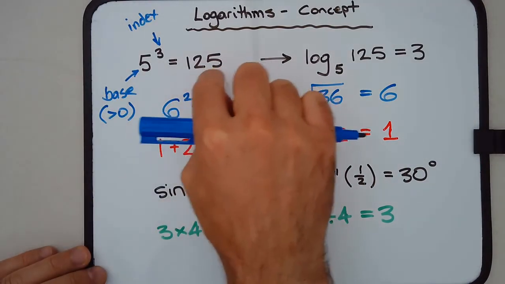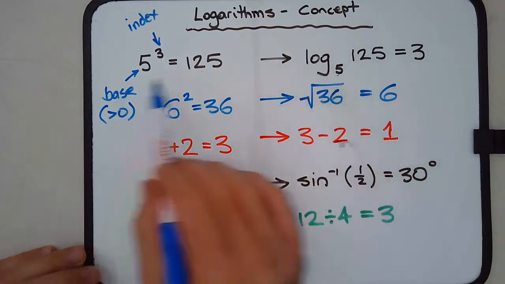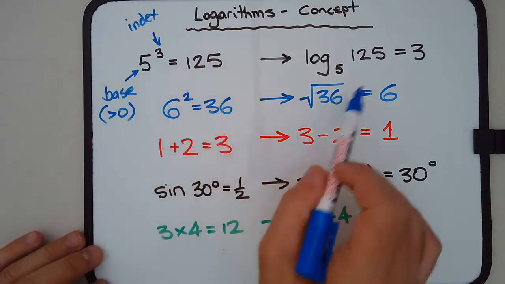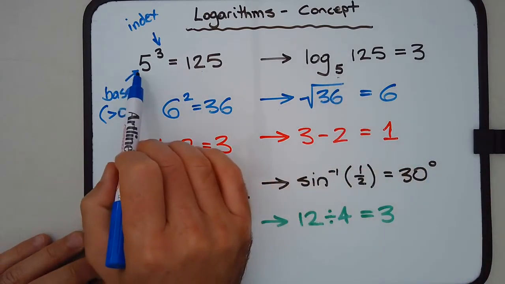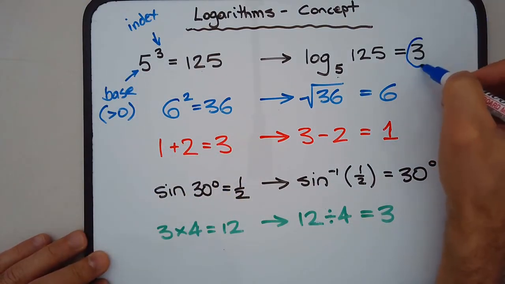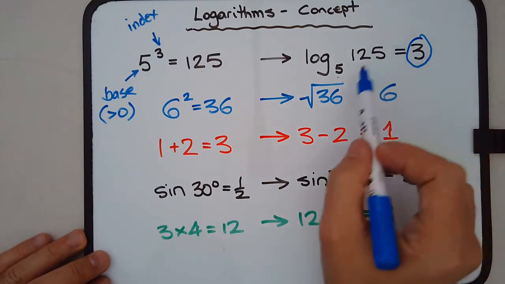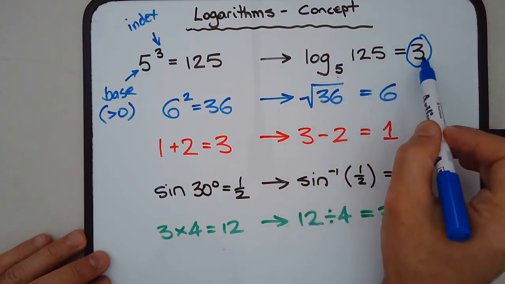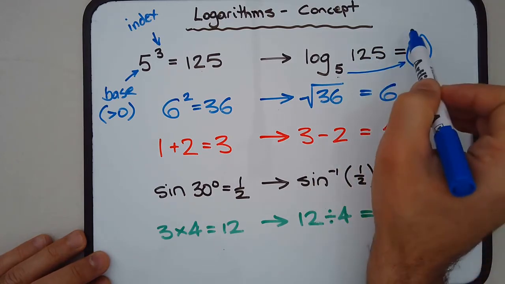So 125 is just the simple number. The logarithm uses the same numbers but in a different way. The little 5 here is the base, so this 5 corresponds to this 5 here. The 3, if you notice, is now the subject. In other words, 5 to the power of 3 gives you 125, which is a good way to think of that.